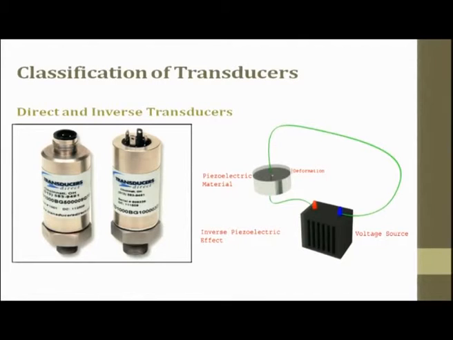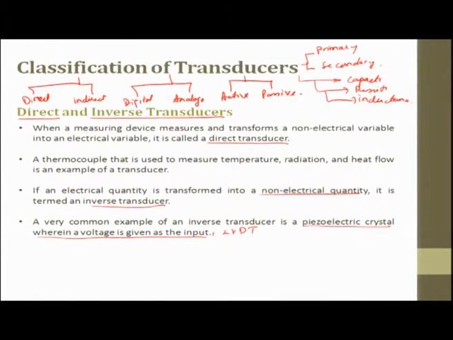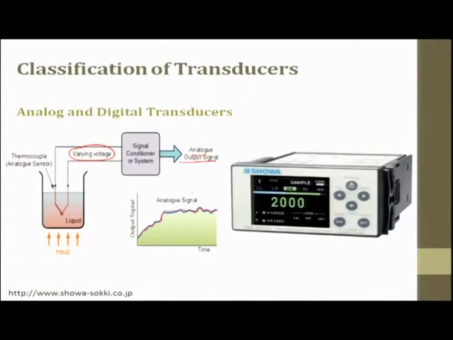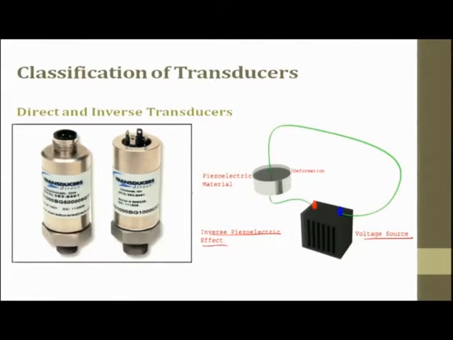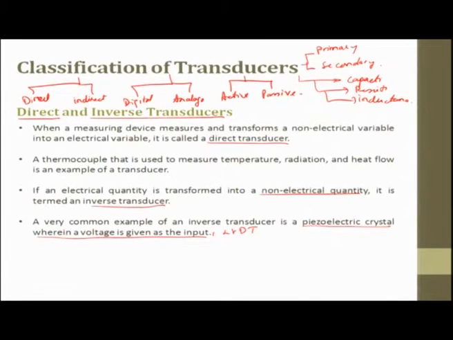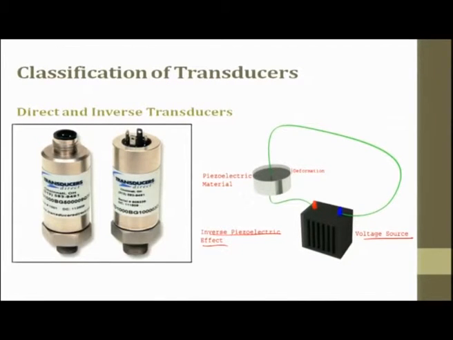A voltage source is given, and the piezo crystal moves up and down. So, this is the inverse effect. Inverse is an electrical quantity transformed into displacement. A measuring device that transforms non-electrical values into an electrical signal is direct, that is, non-electrical to electrical.